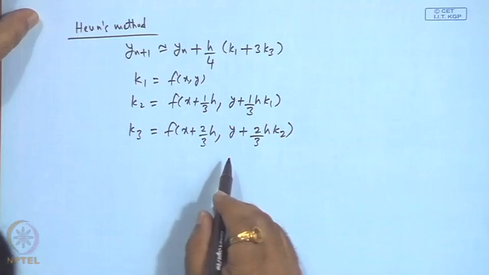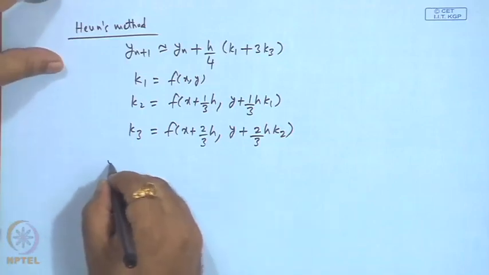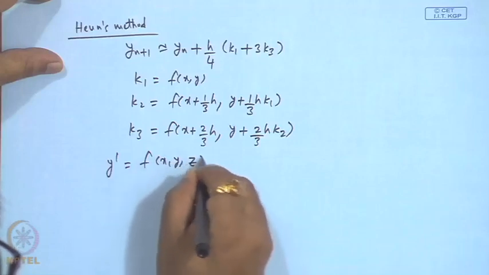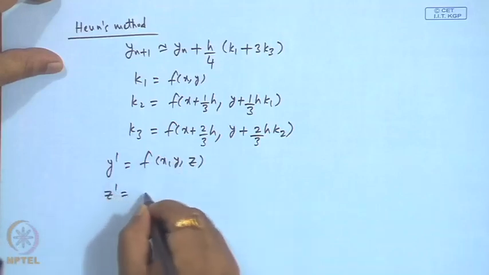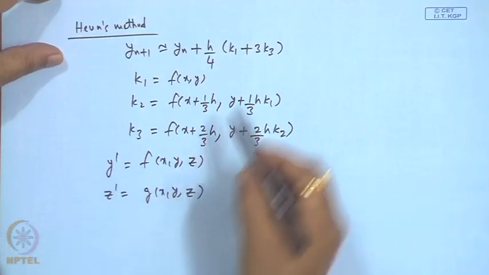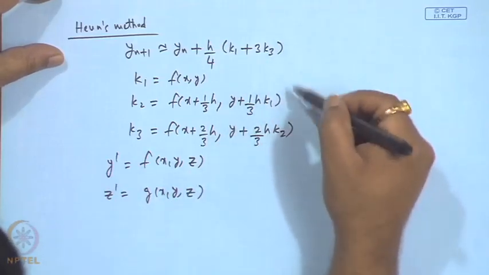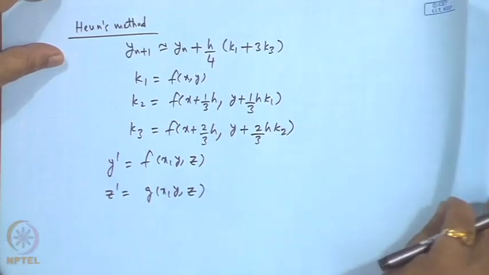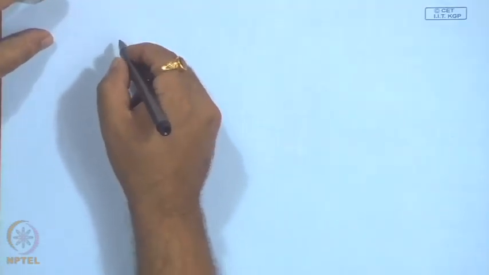Heun's method, but we have a system: y dash is f of x y z and z dash is g of x y z. So, that means we need to define a similar set, one set for this, one set for this. So, how do we do it?